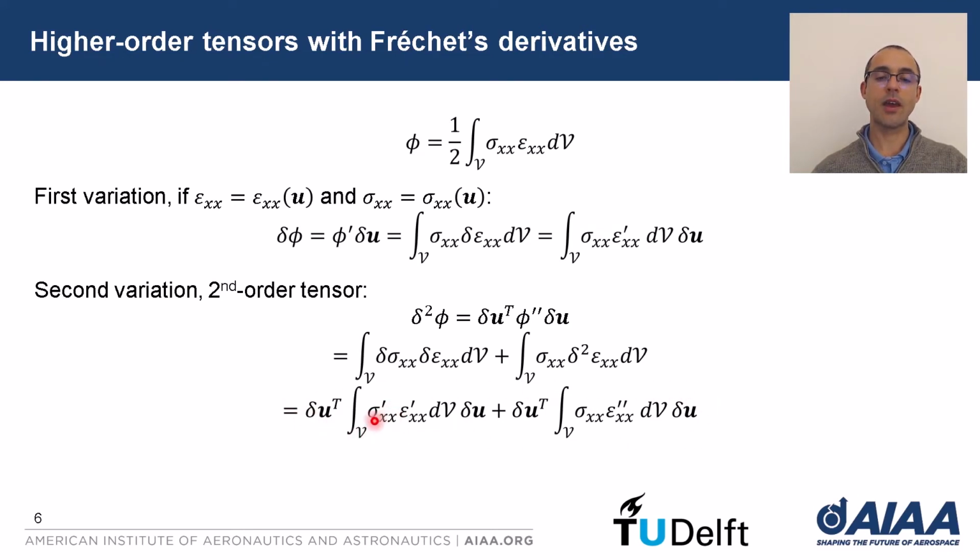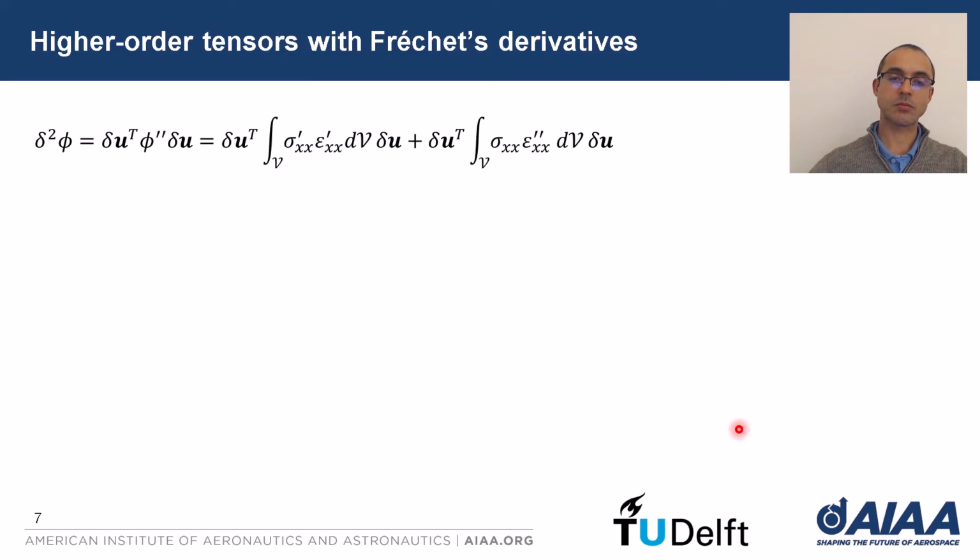So note that I have here one vector multiplying another vector in a way that this would create a second order tensor, and also here we have a second order tensor multiplying a scalar. Now if you want to calculate higher order derivatives other than second order, you will see that the notation using transpose and not transpose becomes very limited.